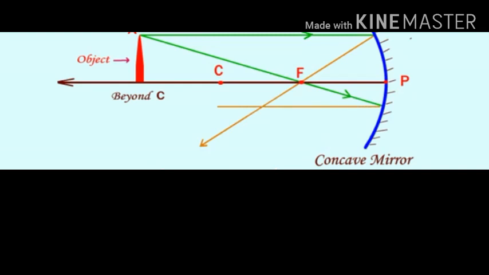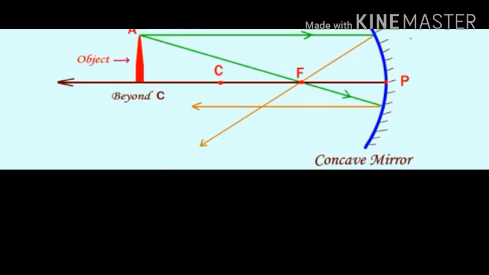Then after reflection, what happens? The parallel light ray passes through the focus, and the light ray which is passing through the focus moves parallel to the principal axis after reflection. Observing those reflected light rays, you can see that they intersect at a point, and just join that point with the principal axis.